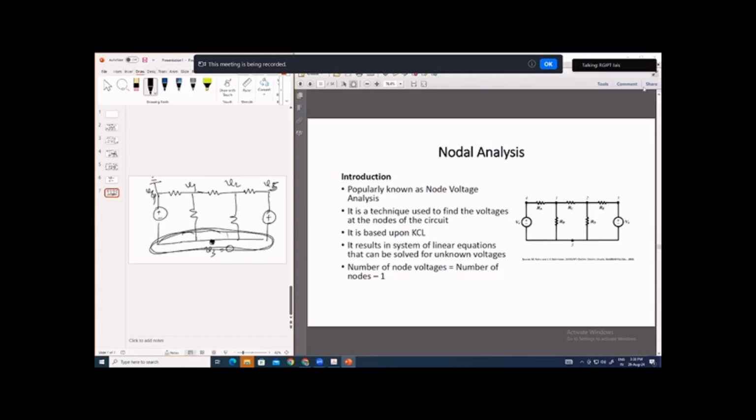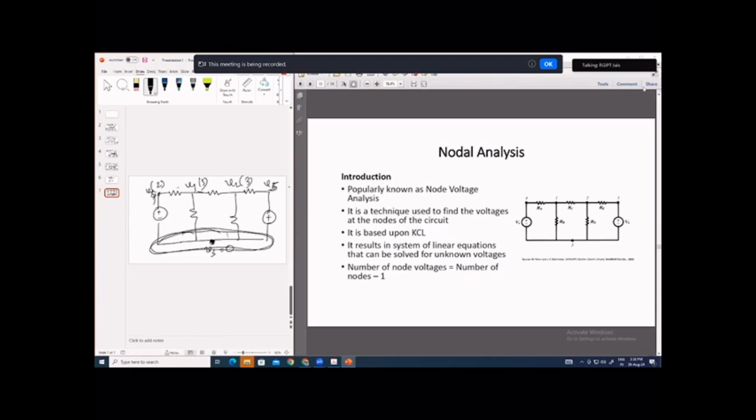Here, let us see the fourth node. How many number of branches are connected here to the fourth node? This branch and this branch. So two branches are there with the fourth node. How many branches are connected with V1? 1, 2, 3. That means 3 branches. How many branches will be connected to V2? Again, 1, 2, 3. So 3.